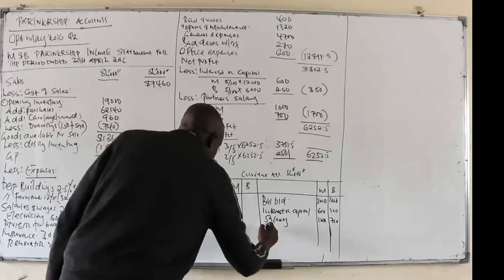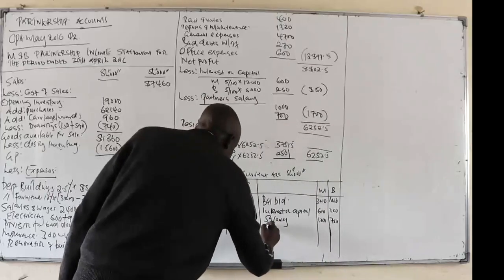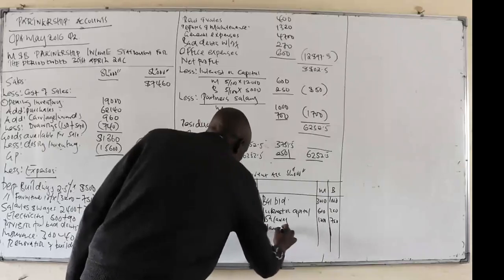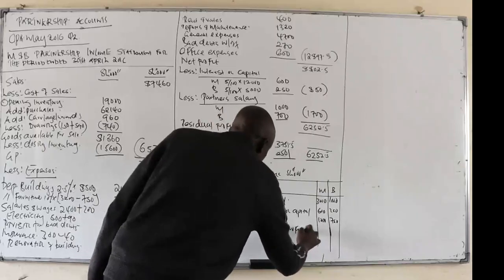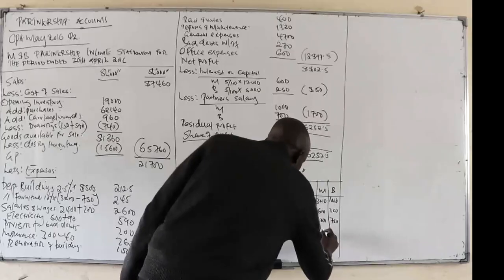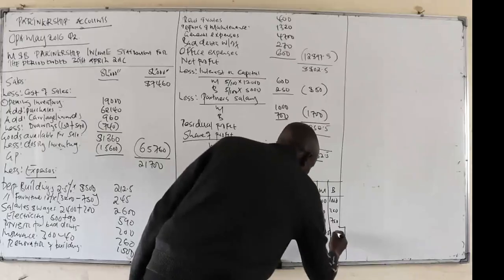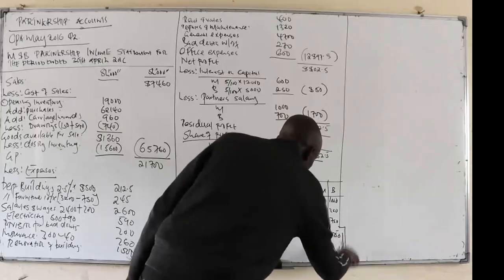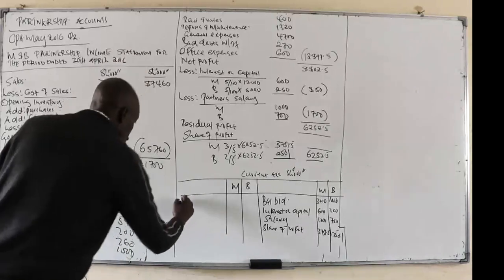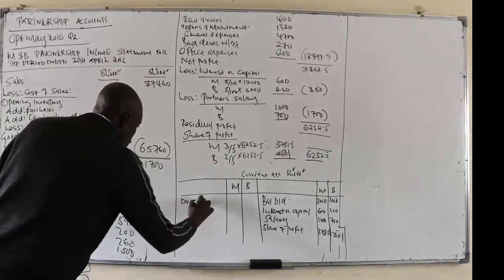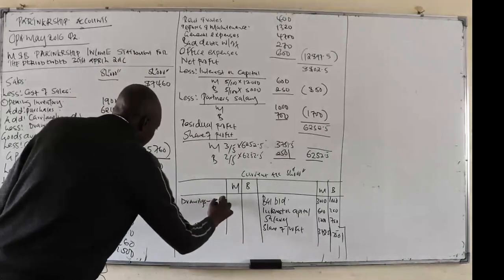And then here you write share of profit. This is 37,051.5. This is 25,001. Then here you write drawings. You less drawings. We have drawings of cash.